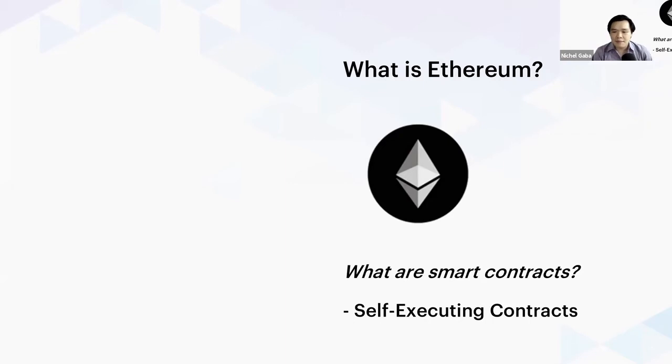Or sometimes, in order to ensure fulfillment, we rely on intermediaries like trustees or nominees or agents to verify and actually remove the risk of execution. In the world of Ethereum, that part is handled already by the smart contracts.